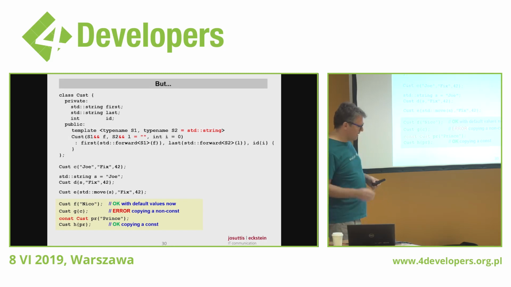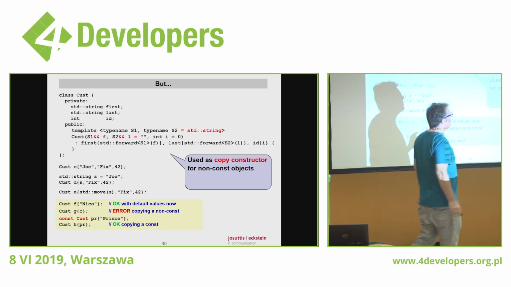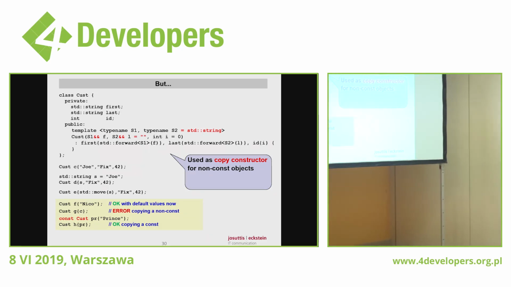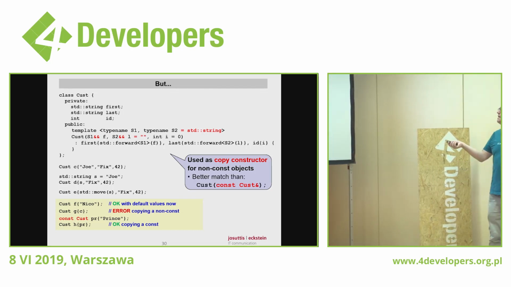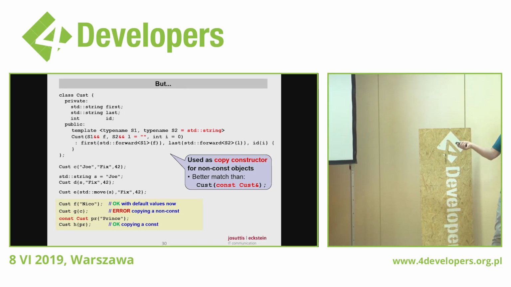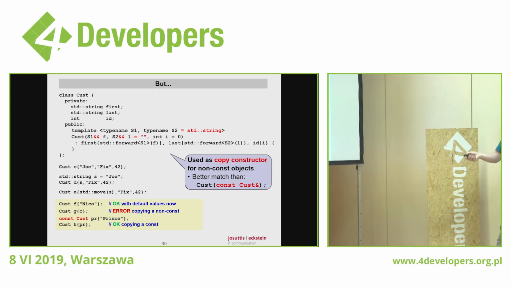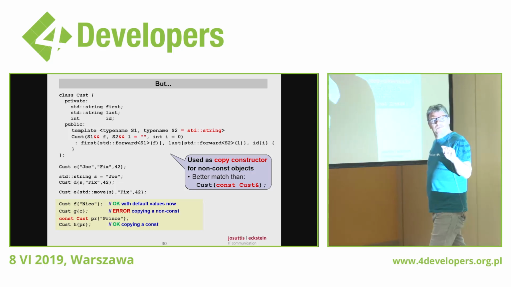So what's wrong here? The problem is easy. This template is used as a copy constructor in some cases. It is used if it's a better match than the inbuilt copy constructor. The inbuilt copy constructor initializes a customer from a const customer. So if we pass a const customer, this is a perfect match and the copy constructor will be used.